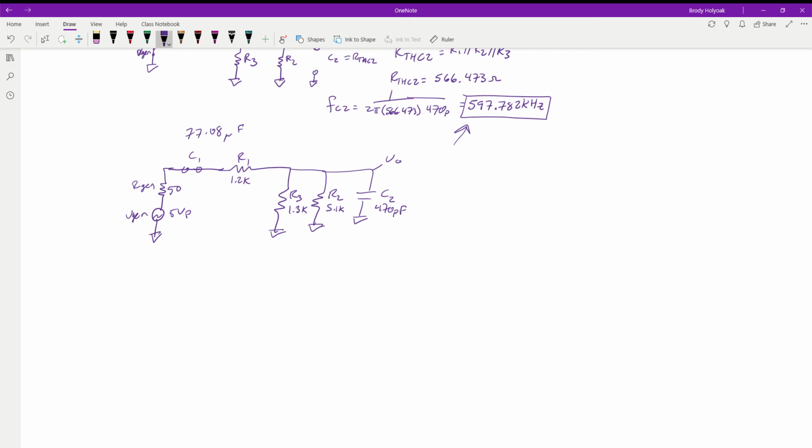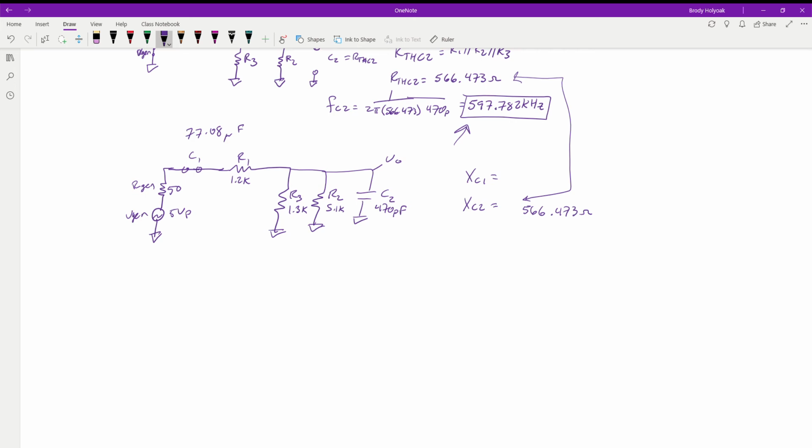So again, just to prove that these values are equal, when we go through and solve for these guys, so our X of C1 and our X of C2, to show that C1 is essentially a short, we know that X of C2 is going to be equal to this R Thevenin value up here. So it's 566.473 ohms because we just solved for it.